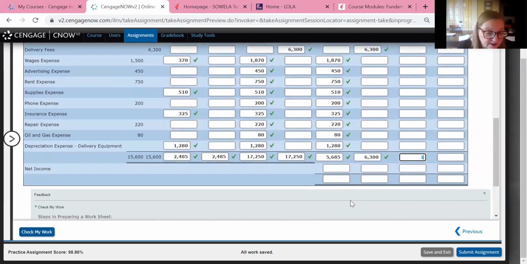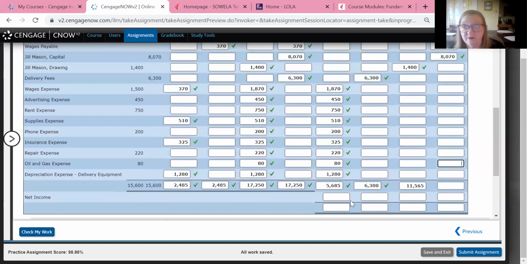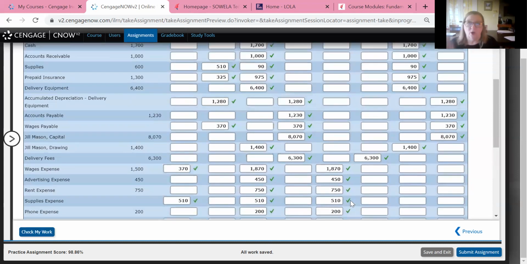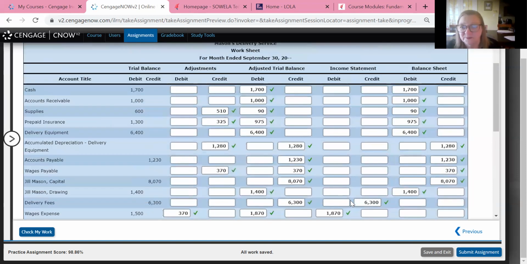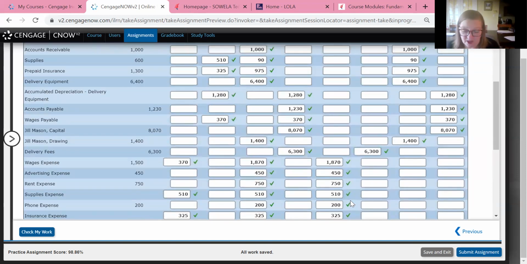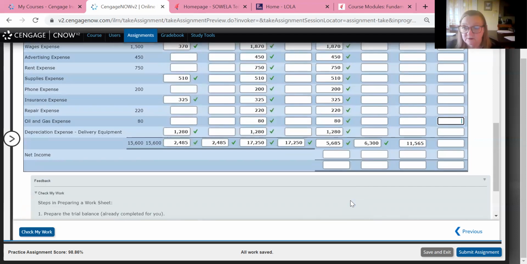So I think we got 11,565. And again, I'm doing this on the fly because I can't do it in advance, because when I open it again, it gives me a whole other set of numbers. That's the beauty of algorithmic. Okay, for the credits, 1,280 plus 1,230 plus 370 plus 8070. That might be wrong because I did have to adjust one in my head, but we'll see.